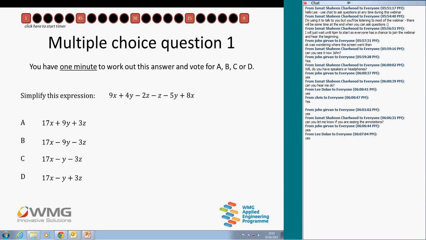Okay, so the question is 9x plus 4y minus z, minus, plus 8x. The answer is one of these 4 here. I'm going to click.